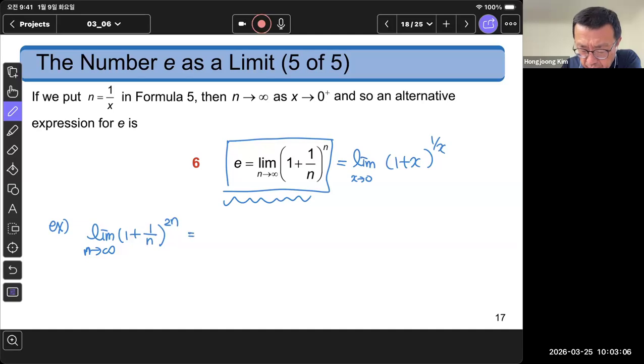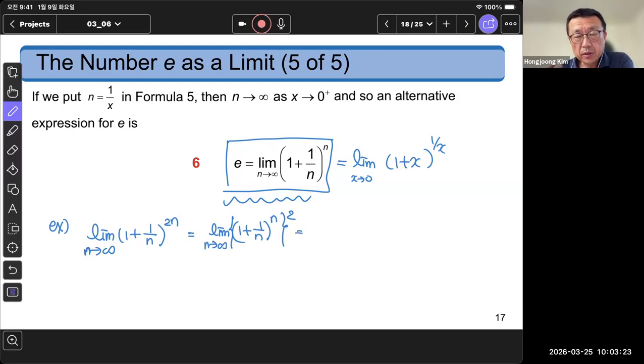So that may be replaced by (1 plus 1 over n) to the nth, and then I can consider the second power of this.